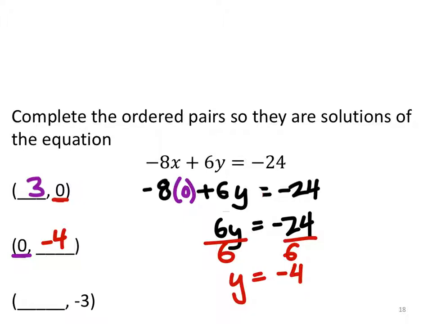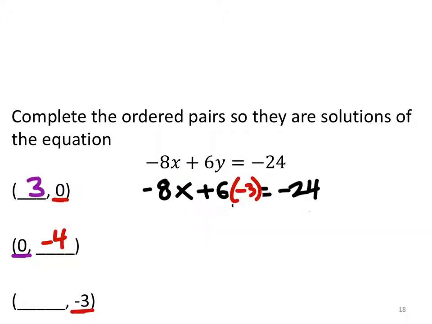So I'm going to go into the equation and replace the y value with negative 3. All right, so we got the y value replaced with negative 3. So we'll multiply this out, and we get negative 18. Now you could put plus negative 18 if you want, but I'm going to simplify that right now as minus 18. So negative 8x minus 18 equals negative 24. I would add 18 to both sides.